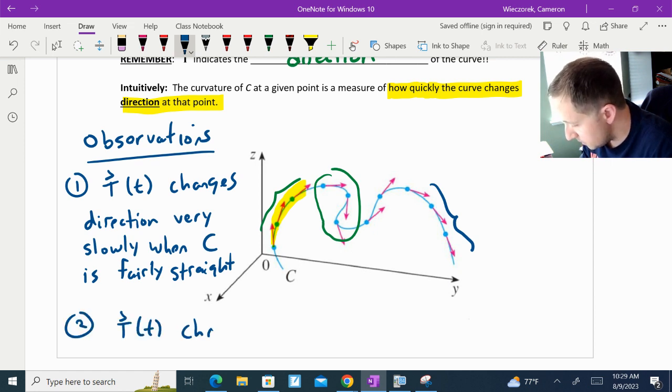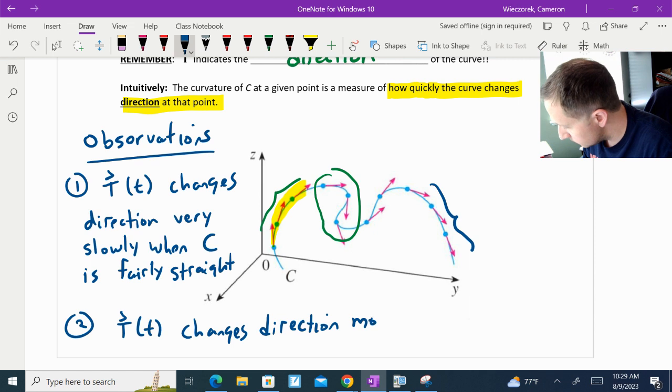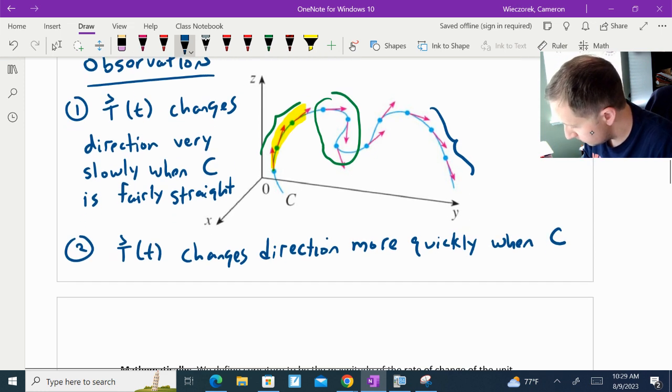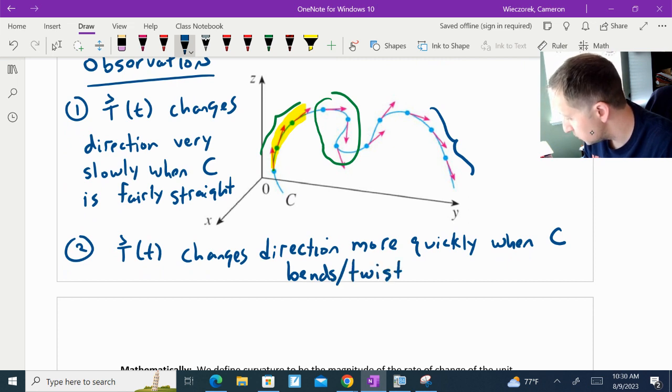Capital T of t changes direction more quickly or more rapidly when the curve C bends or twists more sharply. Again, this is a more intuitive description right now.